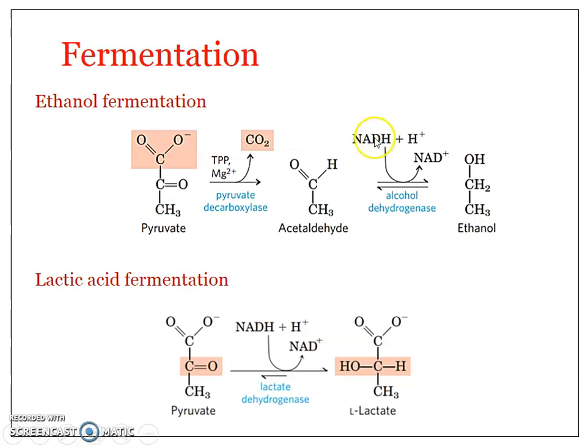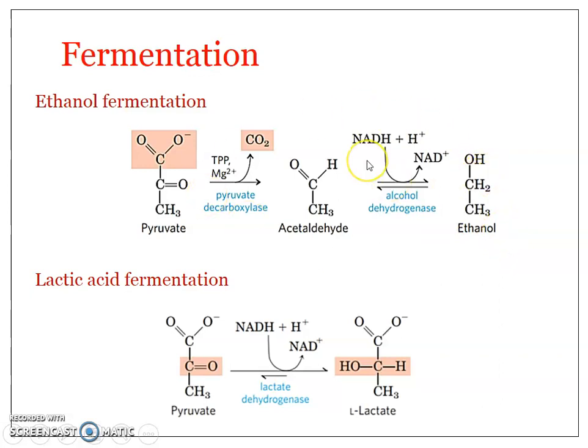Okay, so this is a reversible process again. The reaction catalyzed by alcohol dehydrogenase is a reversible reaction. So pyruvate undergoes decarboxylation to produce acetaldehyde, which undergoes reduction to produce ethanol, right?